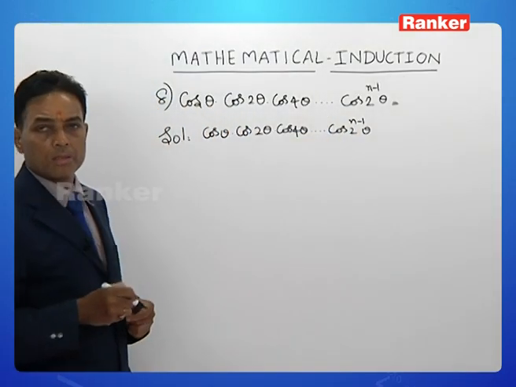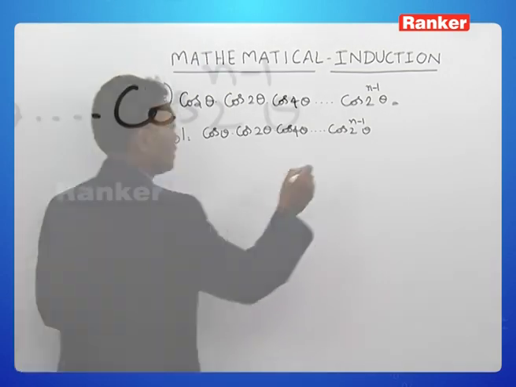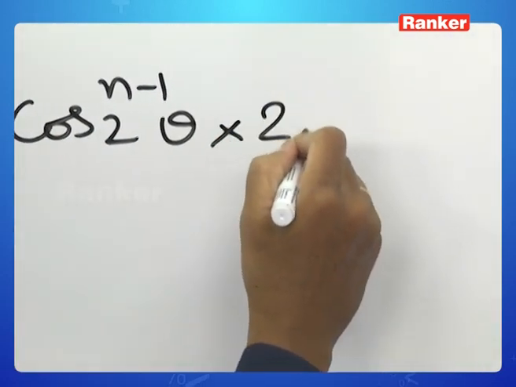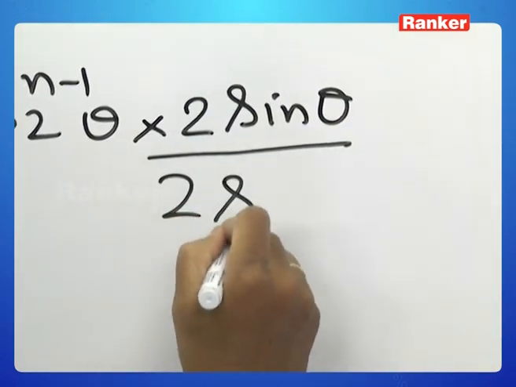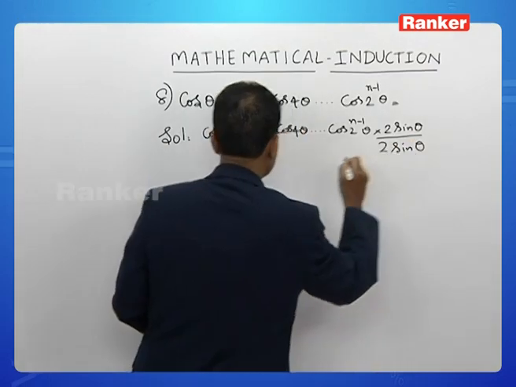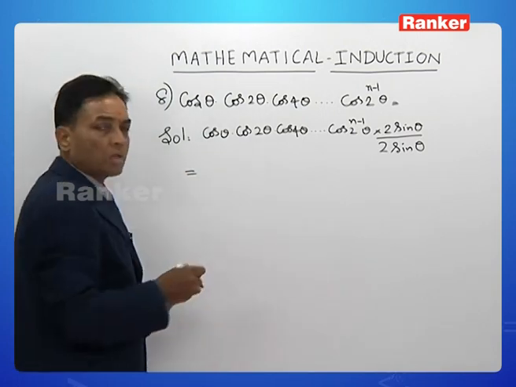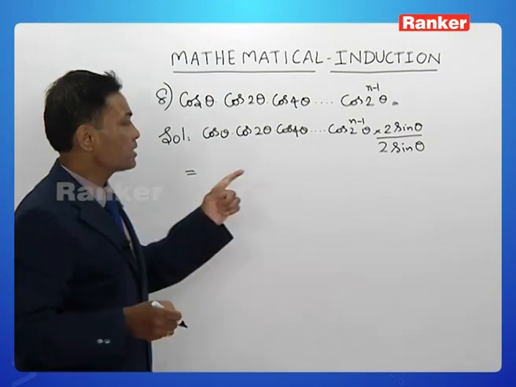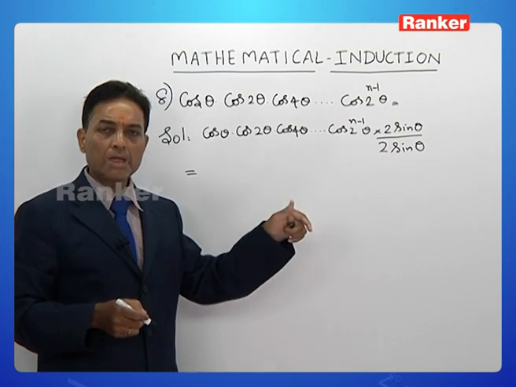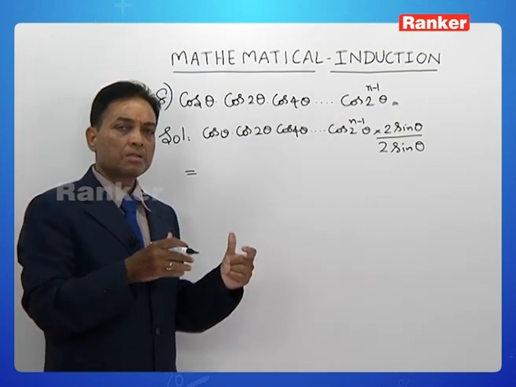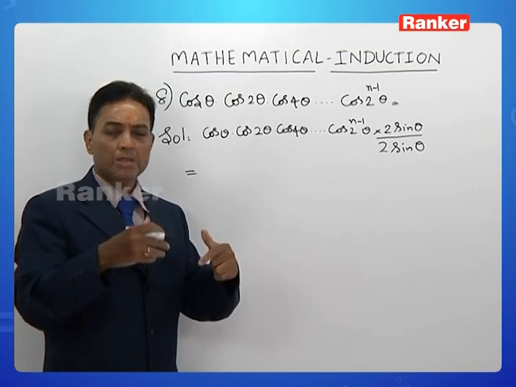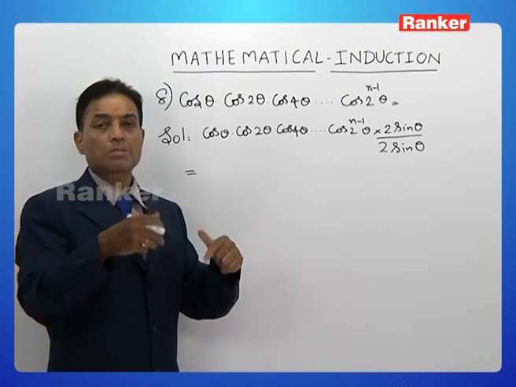Now, what do we do here? To apply trigonometry, I am doing multiplication by 2 sin theta and division by 2 sin theta. This is called no loss of generality. That means whatever operation you do, you have to do the inverse operation also. If you multiply a given value by some a, divide by a; if you add a, subtract a.